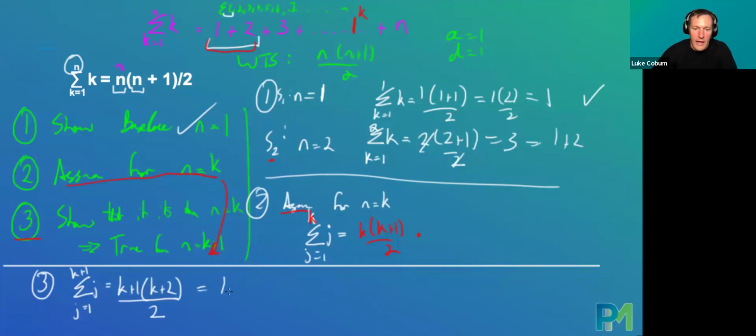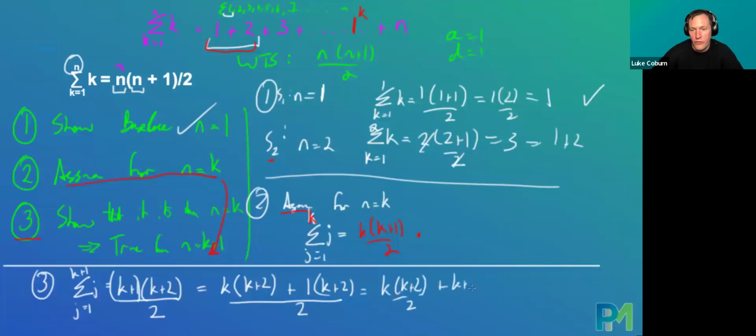And this would be k times, so this is here on the top line, k times k plus 2 plus k plus 1 times k plus 2 all over 2, which is the same as k times k plus 2 over 2 plus k plus 2 over 2.